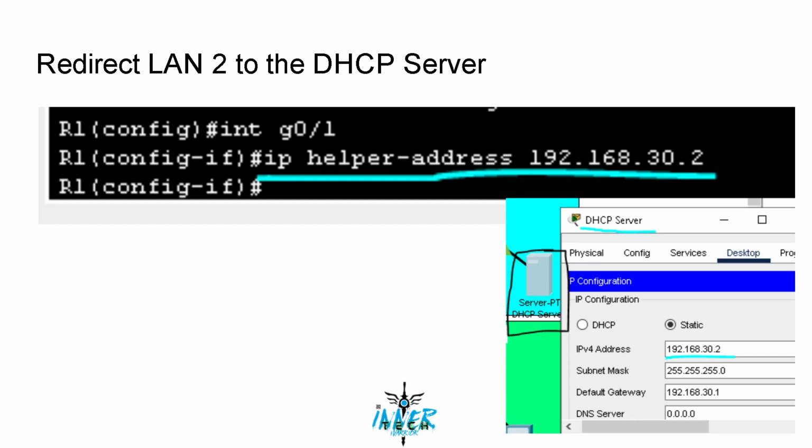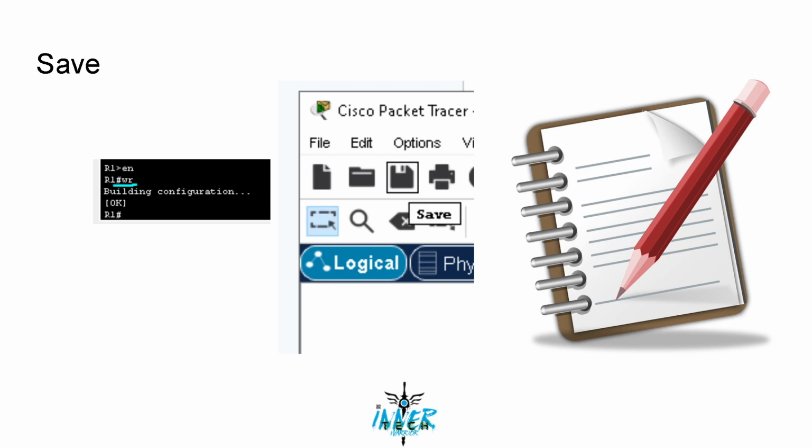Then we need to forward the DHCP requests that come in through this interface to the DHCP server IP address, which is 192.168.30.2. The ip helper-address command tells the interface to forward the DHCP request to the DHCP server we have set up. Now, save your configuration file, save your Packet Tracer lab, and update your notes.